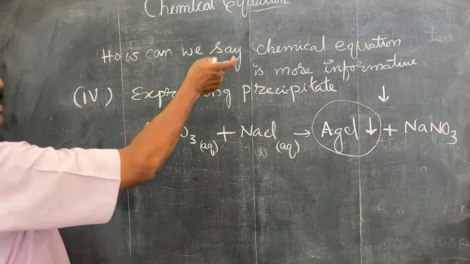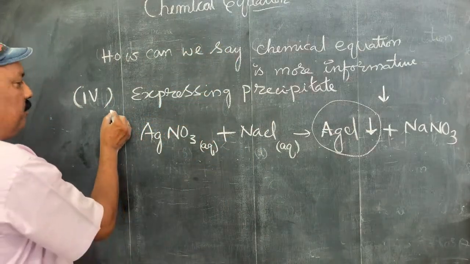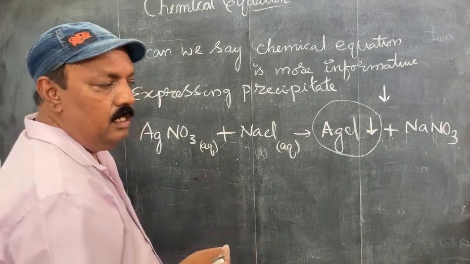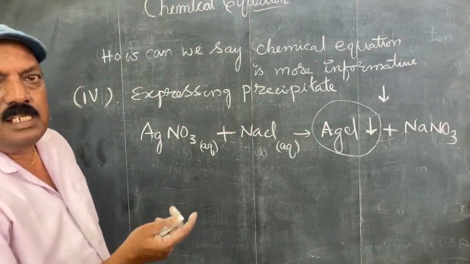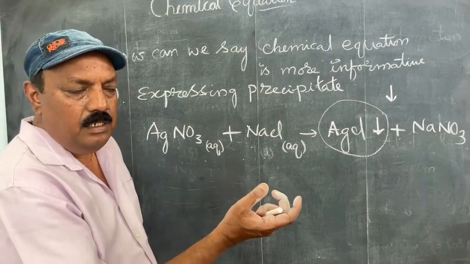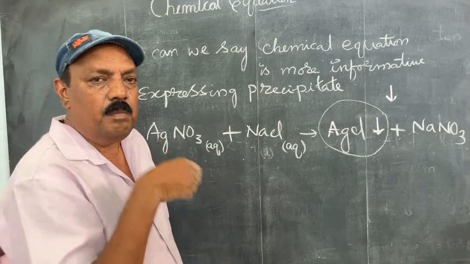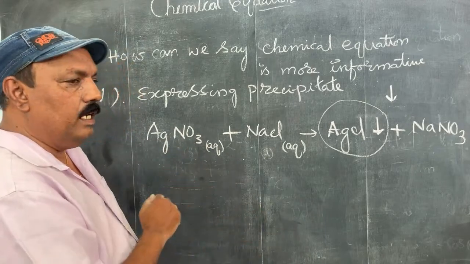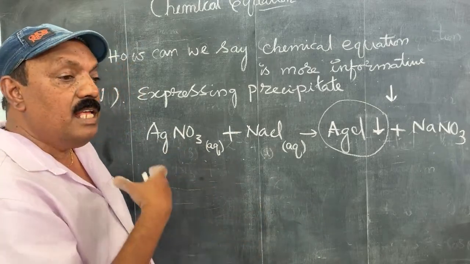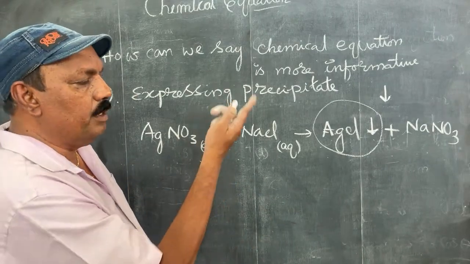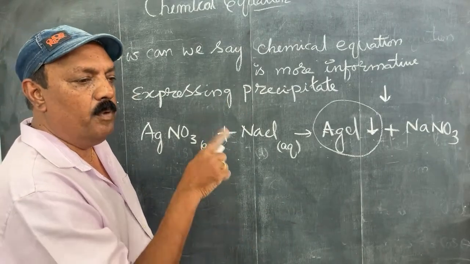That means this chemical equation, first of all, gives the physical state, whether it is liquid, solid or gas. Second is heat changes: whether heat is releasing, we call it exothermic reaction, or heat is absorbing, we call it endothermic reaction. And third, whether gas is released or not; if gas is released, the symbolic representation is an arrow upwards.